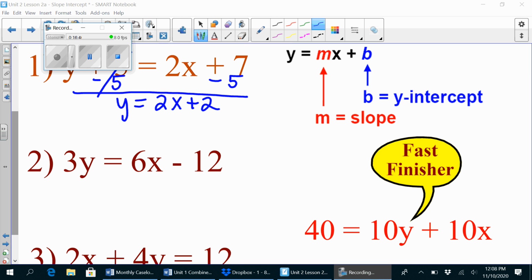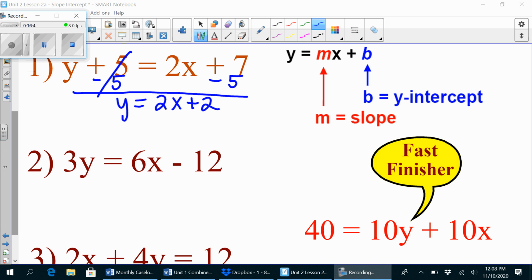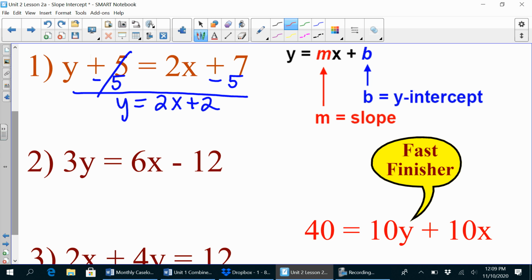Okay, so for number 1, you'll see I put up the work. In order to get the y by itself, we subtracted 5 from both sides, and that gave us y equals 2x plus 2. So now it's in the form of y equals mx plus b. My slope is always going to be the number that's in front of the x, and the y-intercept is the number that's by itself, so that would be positive 2.